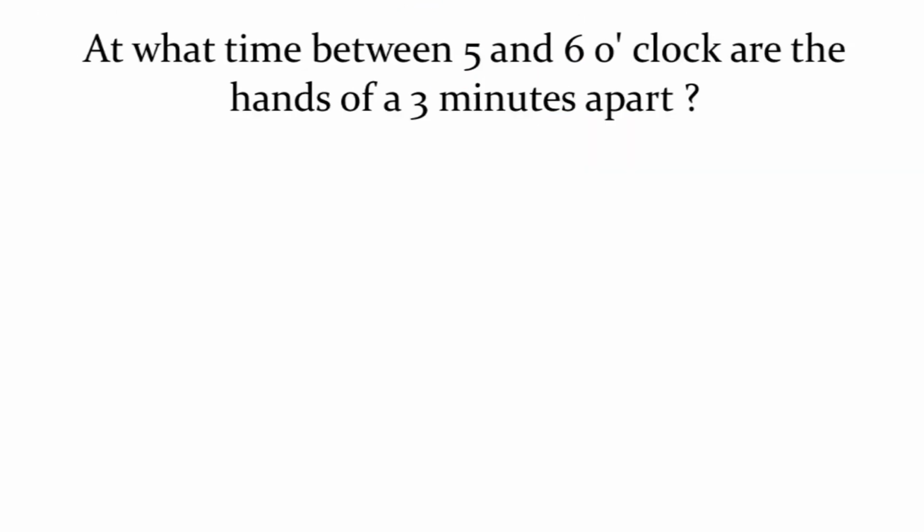At what time between 5 and 6 are both the hands of a clock 3 minute spaces apart? Time is required. Whenever time is required, formula: number of minutes is equal to (30h minus or plus theta) into 2 by 11. Number of minutes is equal to (30 into 5 hours completed plus theta).